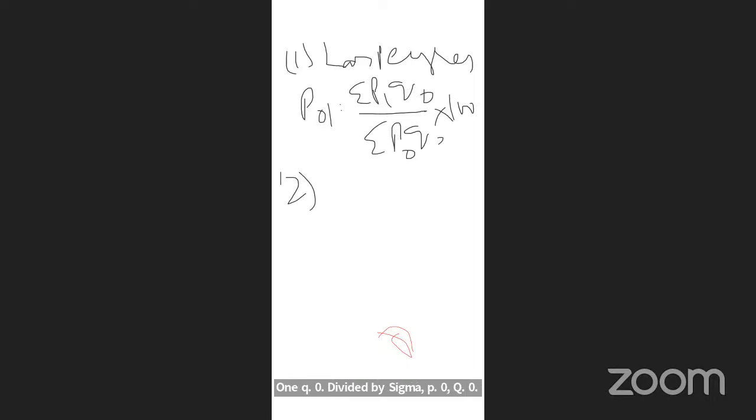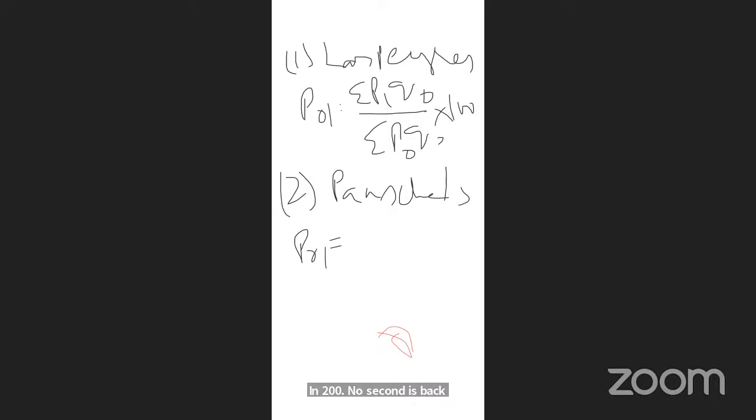Now, second is Paasche's method. Here P01 is equal to sigma P1 Q1 divided by sigma P0 Q1 into 100.